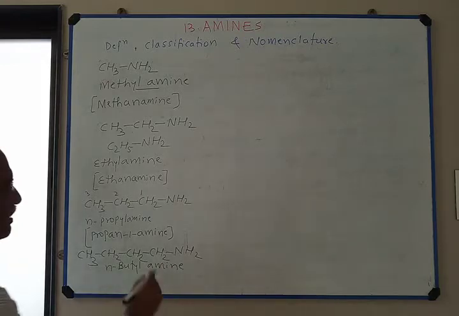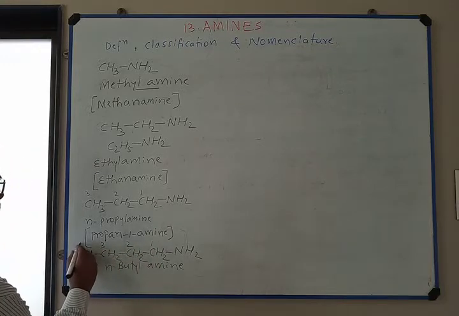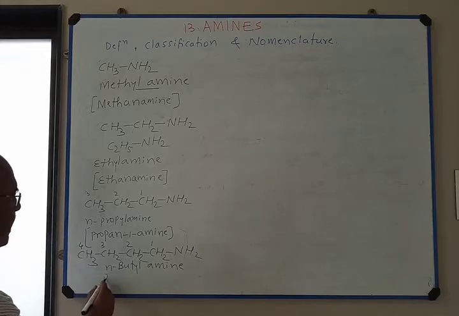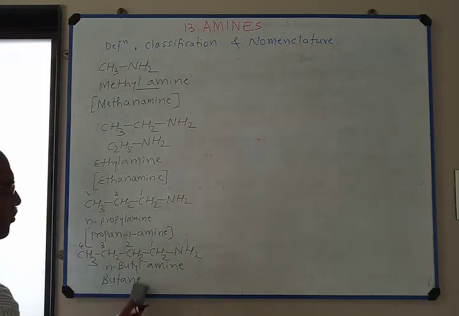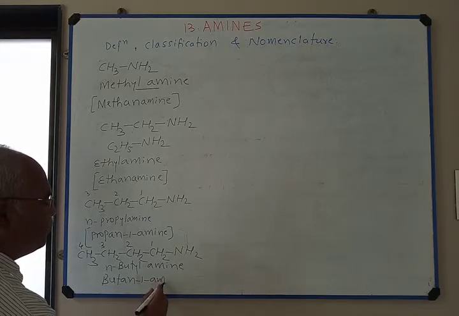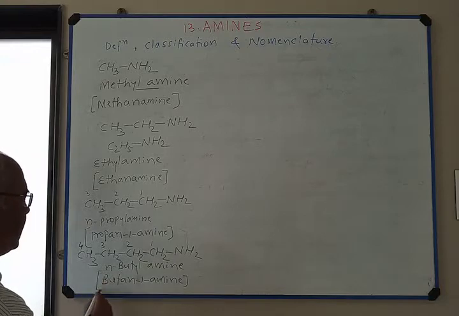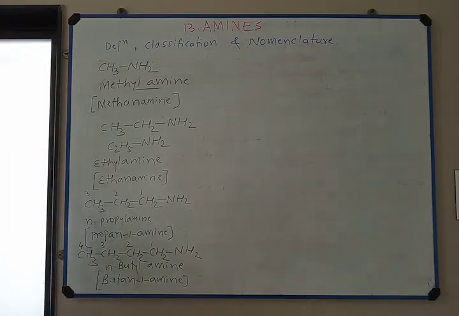It is very simple. This is number 1, 2, 3 and 4. 4 carbons. Therefore, it is a derivative of butane. Remove last E. At one position amino group is present. Therefore, butan-1-amine is the IUPAC name of this compound.